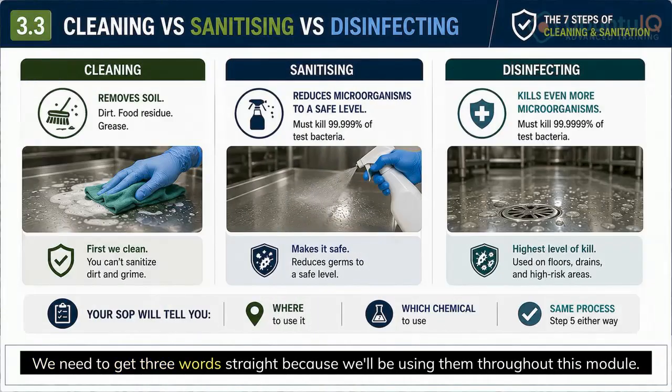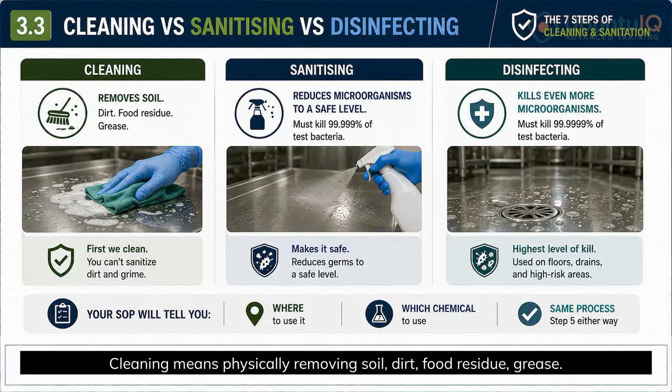We need to get 3 words straight, because we'll be using them throughout this module. Cleaning means physically removing soil, dirt, food residue, grease. Sanitizing means reducing the number of microorganisms on a surface to a safe level. A sanitizer must kill 99.99% of test bacteria.